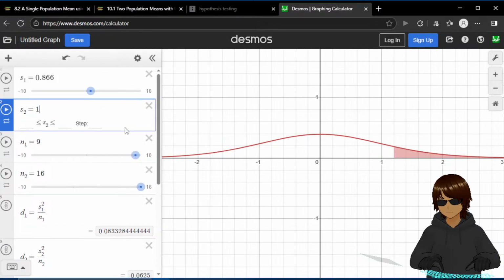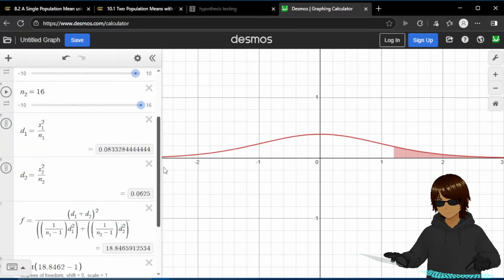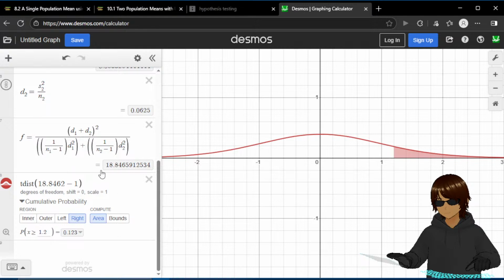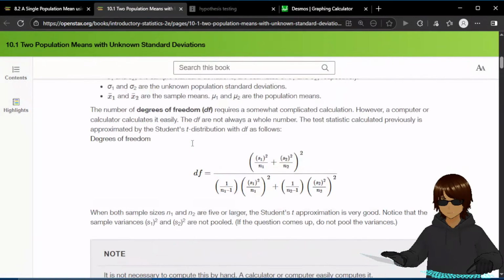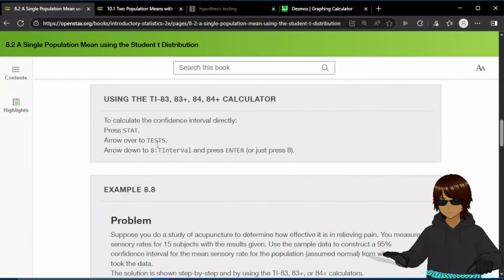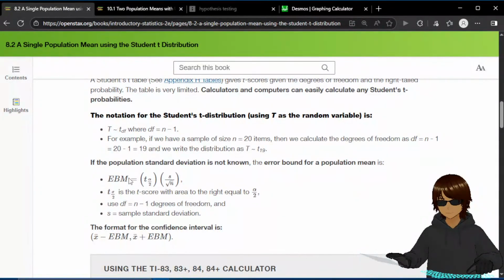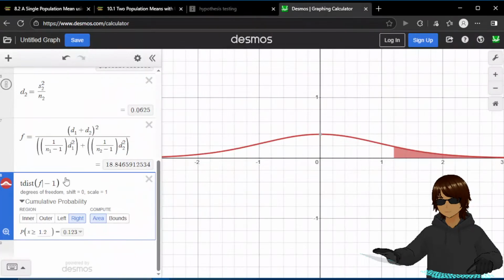This is 1. Yeah, we calculated this correctly. The degrees of freedom. And the T score. TDF, where DF is n minus 1. We don't do minus 1 with this, right?